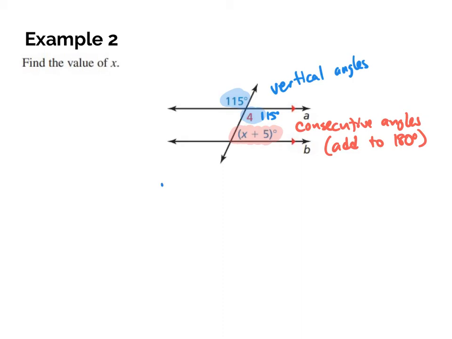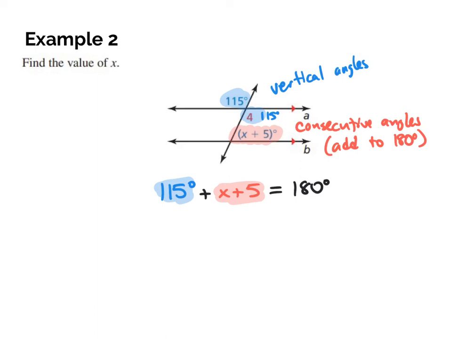So that means angle 4, which is 115 degrees, plus the x plus 5, that should add up to 180 degrees. So by using that rule of one angle plus the other angle equals 180, I now set up a mathematical equation I can solve.